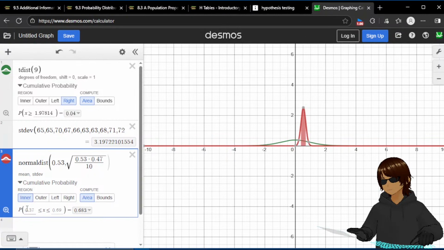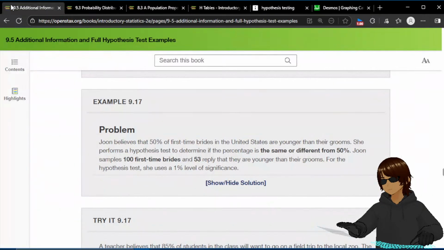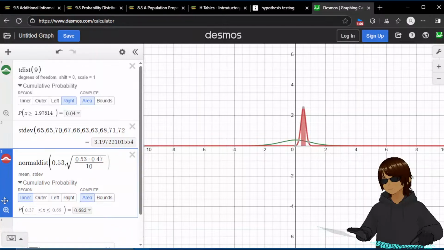Let me think. So from 0.5 to 0.53, we check the area. 0.553, 0.075. Oh no, that's not it.